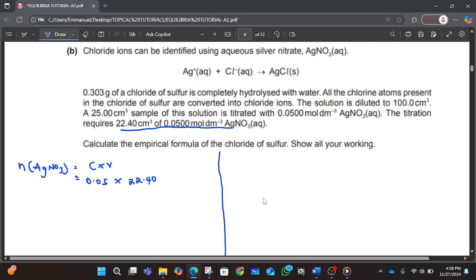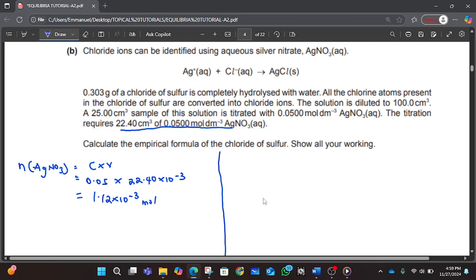We convert this to decimeter cube by dividing by 1000, or simply multiplying by 10 power minus 3. When you do this, you get 1.12 times 10 power minus 3 mole.